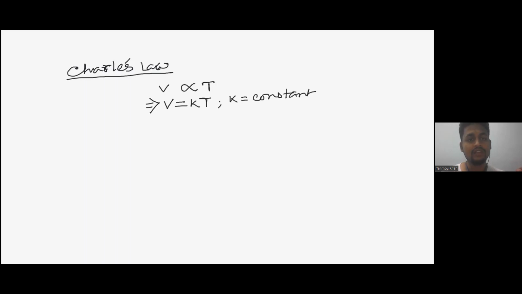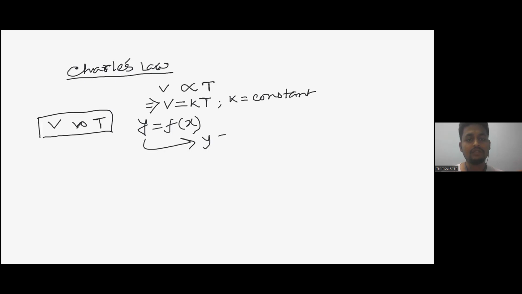Now let's say you need to plot V versus T. That time y is equal to f(x). In this case, your y is equivalent to V and your x is equivalent to T. Now you can simply see this as a straight line equation.